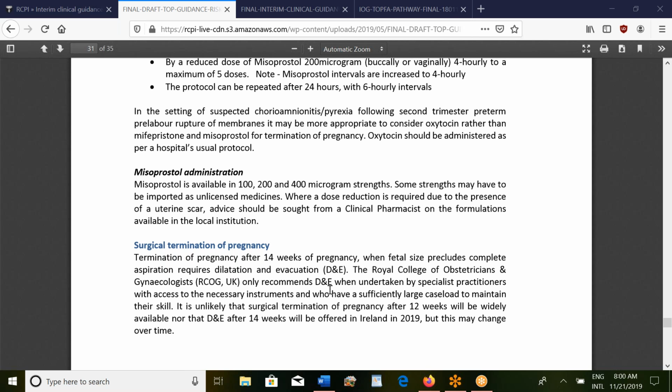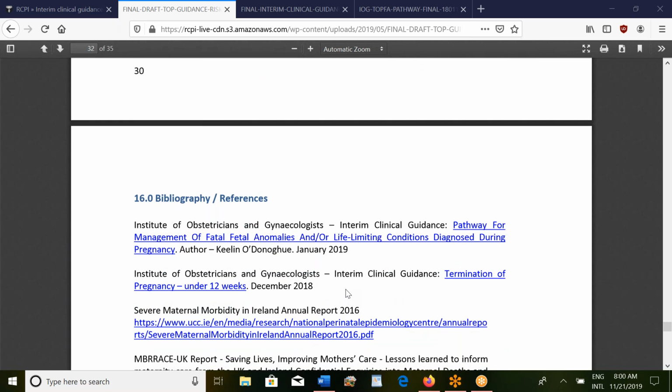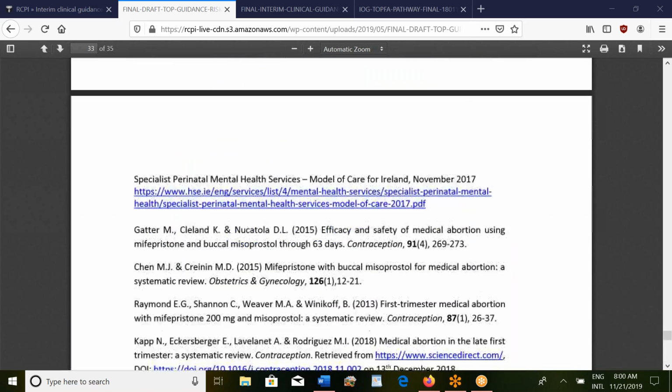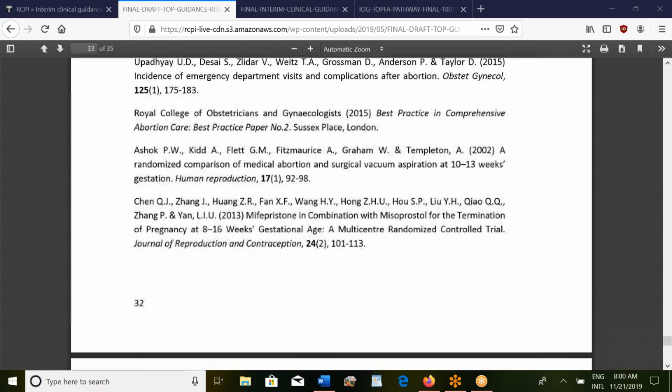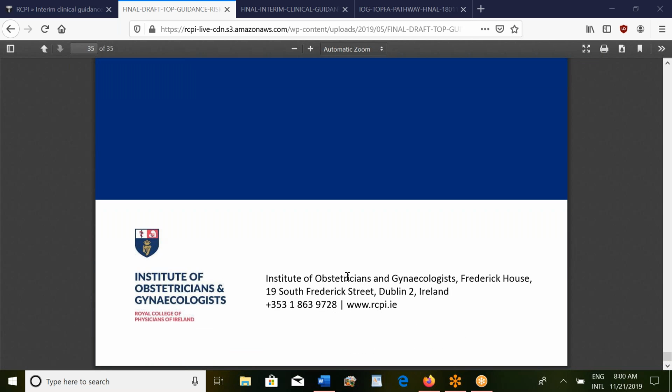Rest of the things are the same. And because it is still in the initial process, many things will change, but the rest of the things are going to be the same. All of this information has been taken from the NICE guideline on termination of pregnancy. So don't worry about anything.